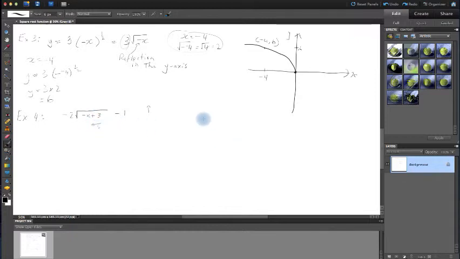So if we were to plot this thing, it would appear as though we would start at up 1 and to the left, let's make it here, -3. It appears as though we should start here, at (-3, 1), and then do a reflection in the x-axis.